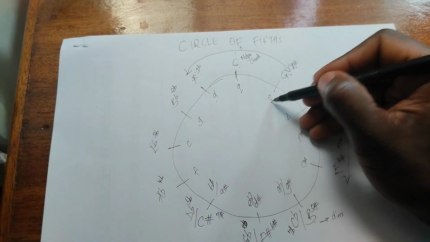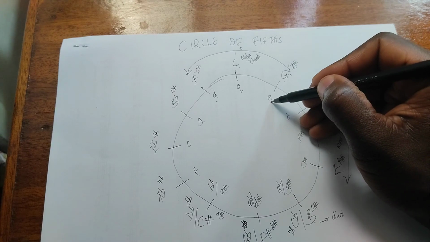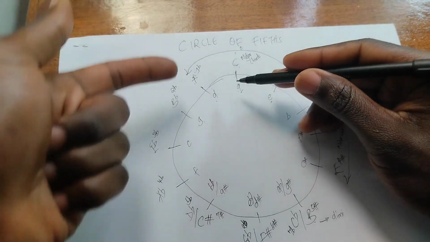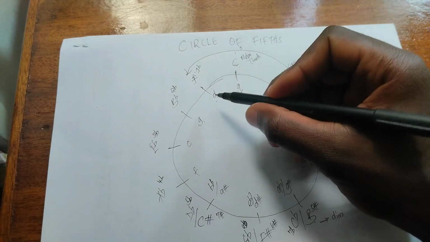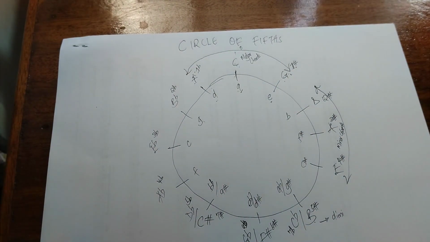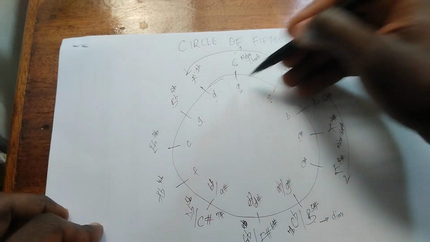It is the third chord, so you can easily modulate to E minor, but it is a bit challenging compared to G, A and F. Then you can also modulate to D minor because it is the second chord. So you can easily modulate into all these keys.